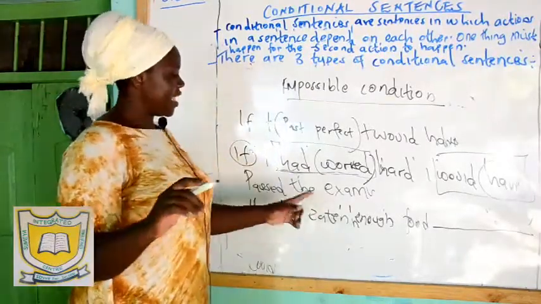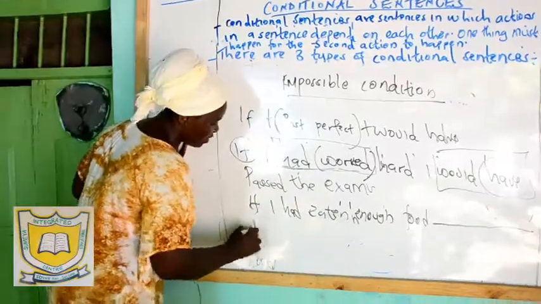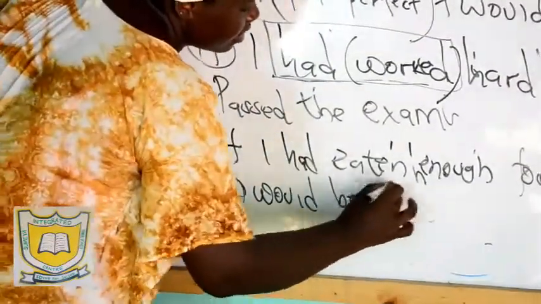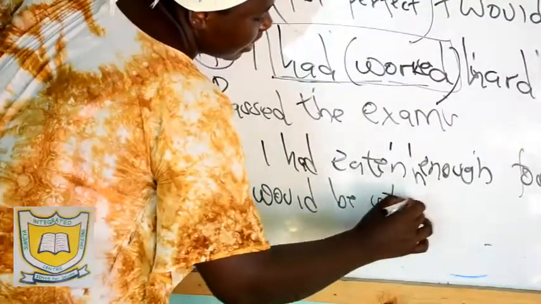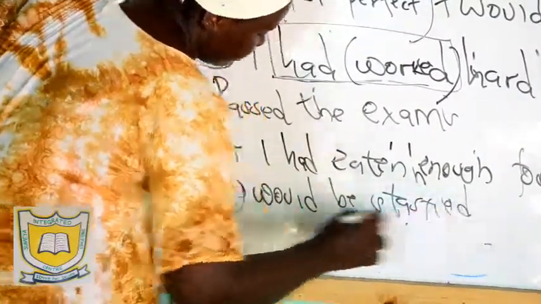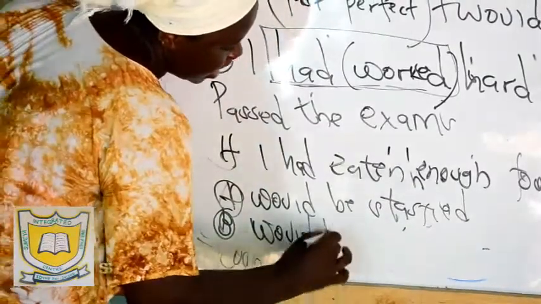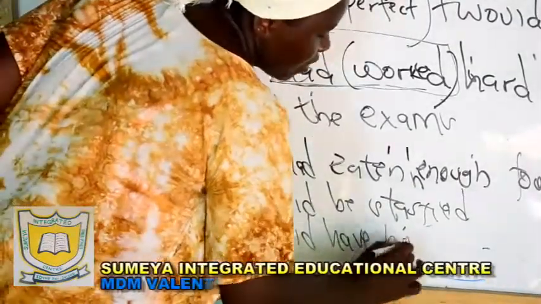So if I had eaten enough food, answer A they will say would be satisfied. Answer B will be would have been satisfied.